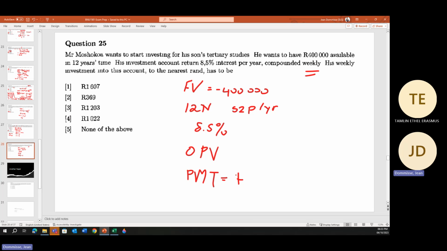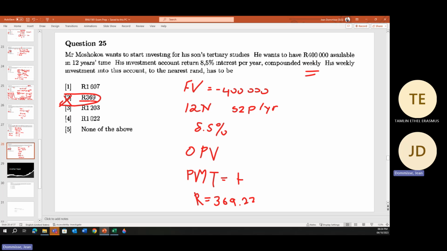That's incredible, 624 payments at 8.5% interest per year, and the PMT amount then is we're going to make weekly payments of 369 rand and 22 cents, rounded off to the nearest rand. It is 369. Okay, which is option 2.